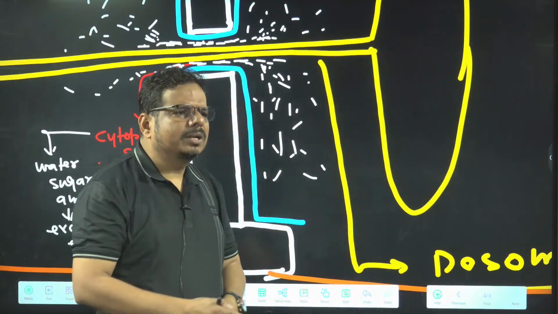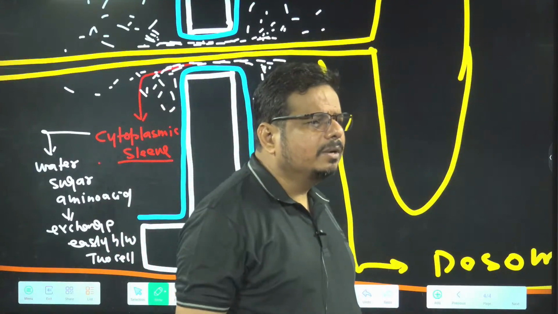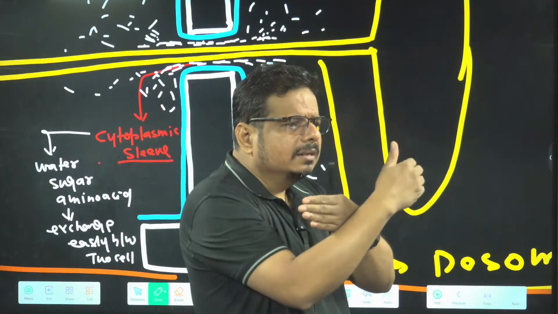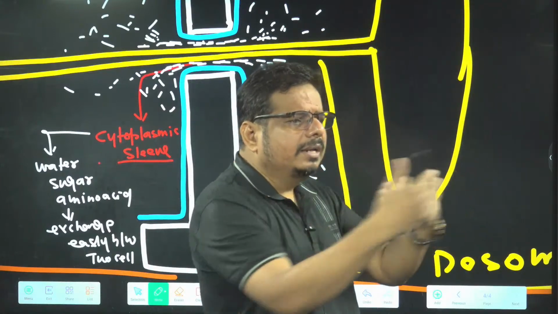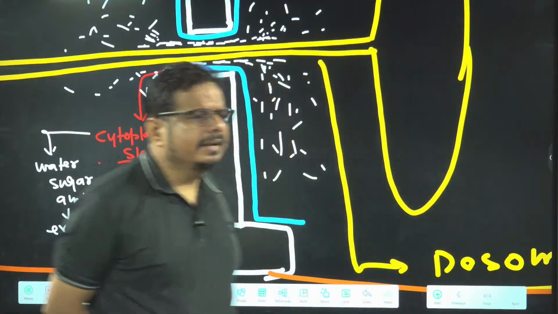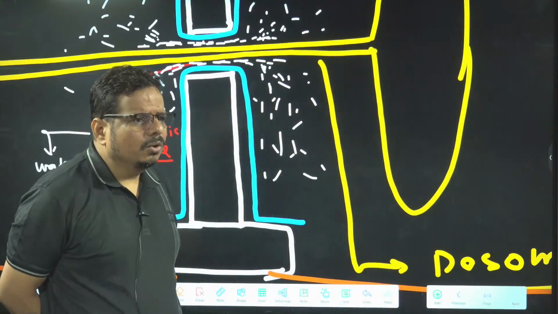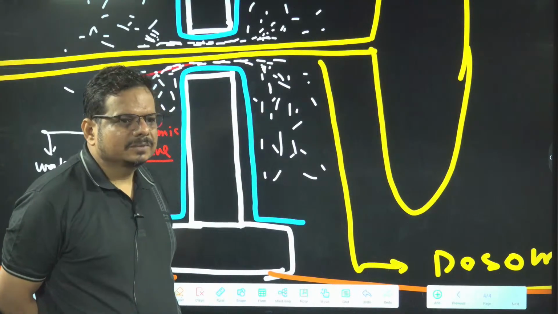So hundreds or thousands of plasmodesmata are present between two cells in the plant, and they are making easy access or availability of the material from one cell to another cell. Are you getting the idea? You got clarity about the plasmodesmata or not? Tell me, dear children. Got it?